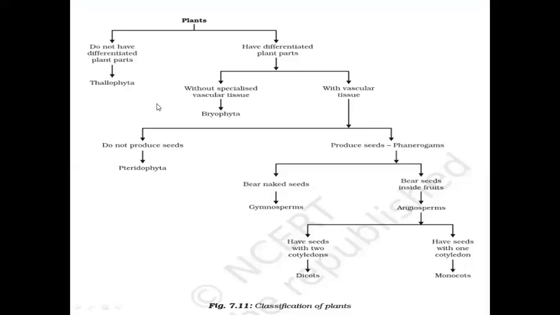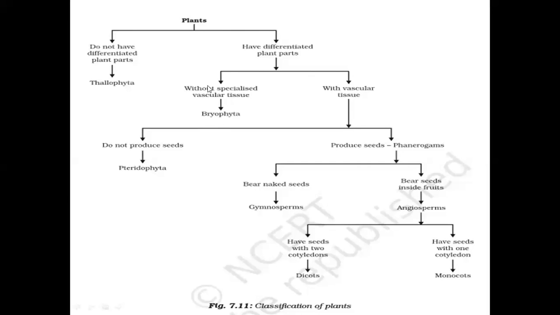Now we will just summarize the entire class. The plants are divided on the basis of well differentiated and undifferentiated plant bodies. In case they do not have a differentiated plant body, we call it Thallophyta. In case they have a differentiated plant body, we again divide it into two parts, based on the presence or absence of vascular tissues.